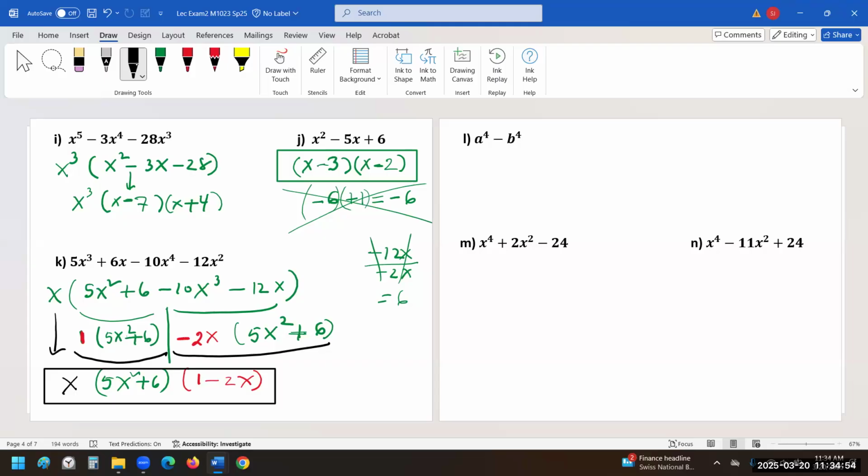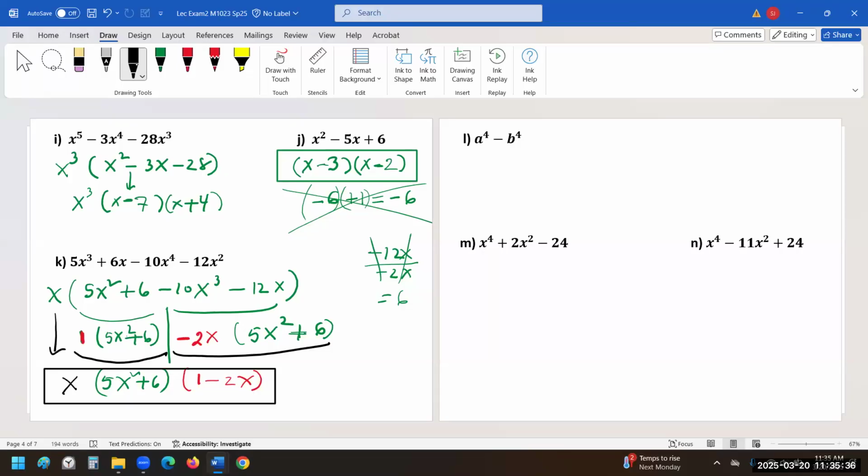If you factor out 5x squared plus 6, what do you have in the first group? Just 1. That's why I wrote it in red. And what do you have in the second group after you factor out 5x squared plus 6? Negative 2x. So you put them together. For your convenience, I have the groups in the same color, and whatever remains is the same color. So you can see when you factor out, whatever remains goes together in one group.